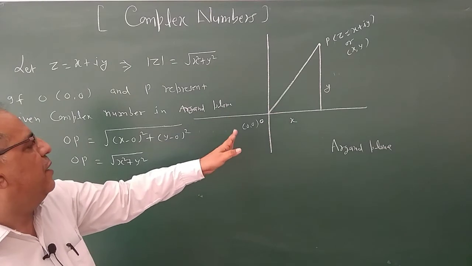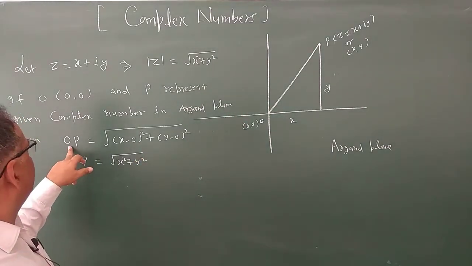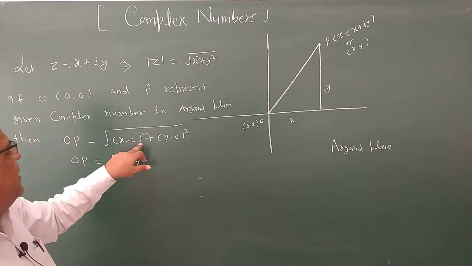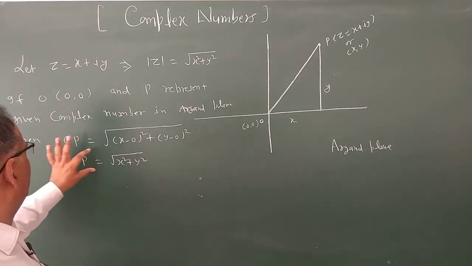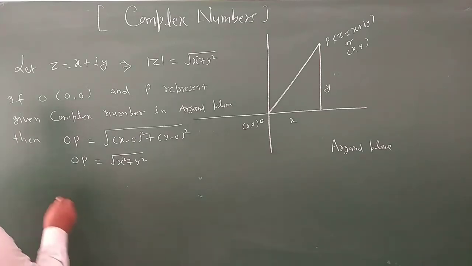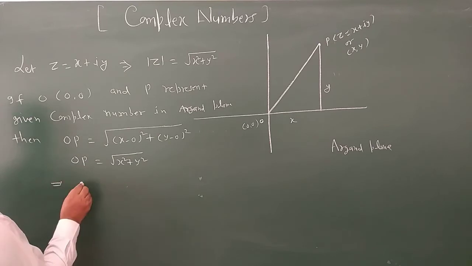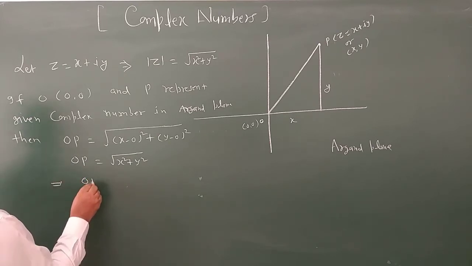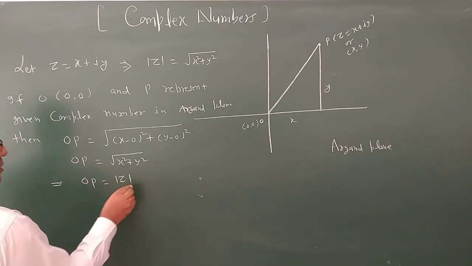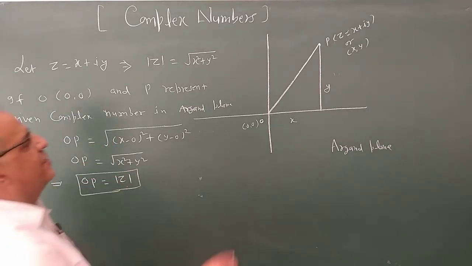If we find the distance between O and P, so use the formula of distance, OP equal to square root of x2 minus x1 whole square plus y2 minus y1 whole square. So we have OP equal to under root x square plus y square. So this implies that OP equal to magnitude of z.